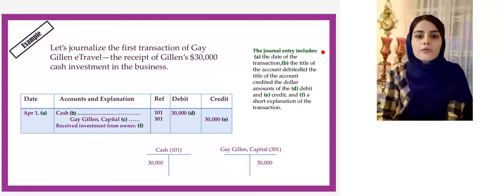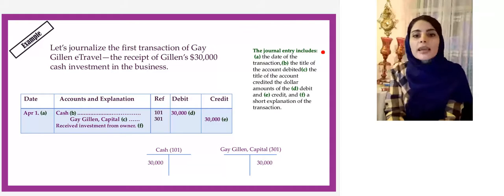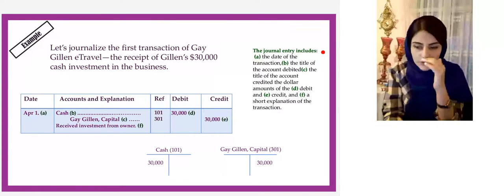Here, the transaction occurs on April 1st, so we should put April 1st. Then the accounts which are involved. Here, the accounts are cash and Gagelen capital. And here you can see in the debit and credit columns the dollar amount, which is $30,000. And the explanation is received investments from owners.